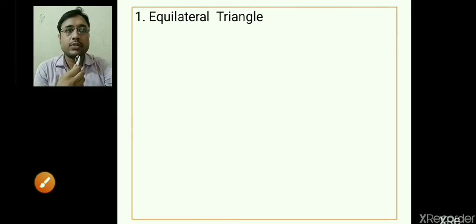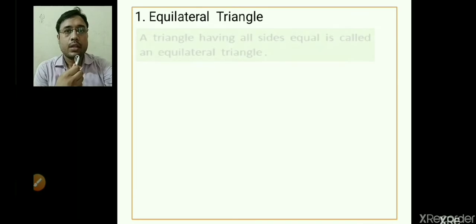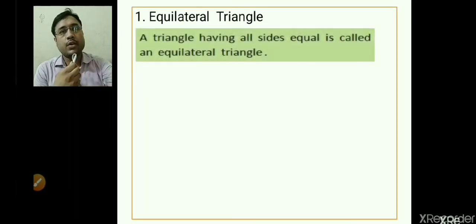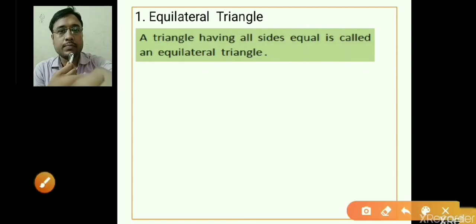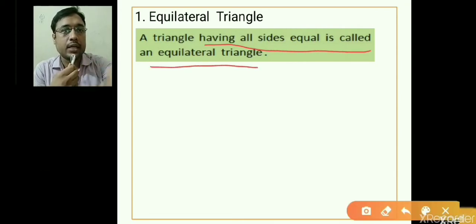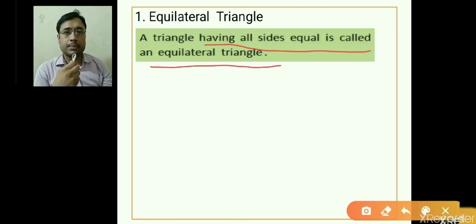See the equilateral triangle here. We can define that a triangle having all the sides equal is called an equilateral triangle. If all the three sides are equal, then we can say that the given triangle is an equilateral triangle.